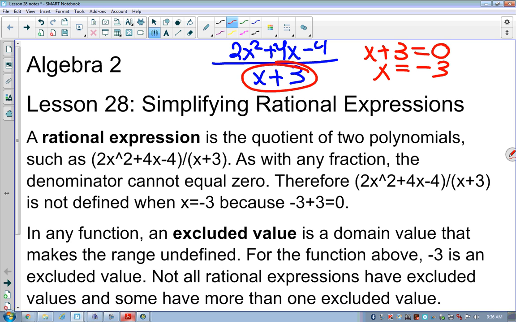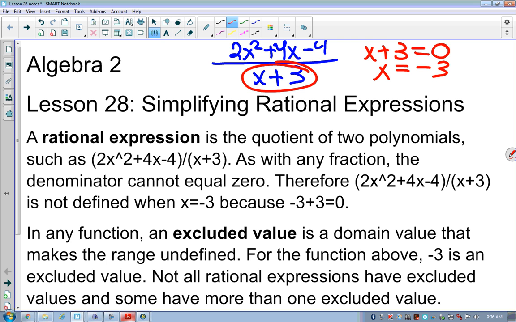When x equals -3, it causes the denominator to equal 0. So of all the values in the world that we could come up with, the one value that we cannot plug in for x is -3. Because if I plug in -3 for x, it causes my denominator to be 0 and therefore undefined. Do you follow what I'm saying? Okay? So it's not defined when x equals -3 because -3 plus 3 equals 0.